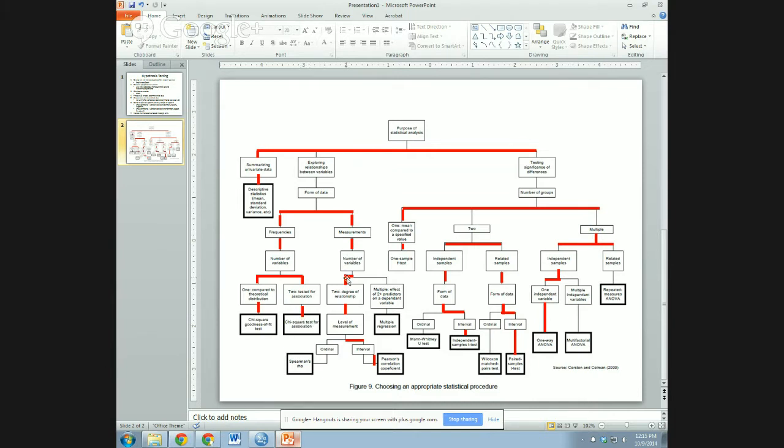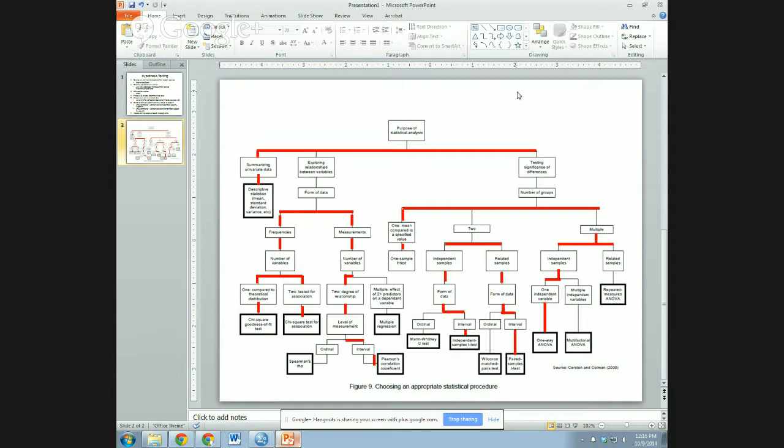We also looked at relationships between variables of interval or scale or continuous variables as being Pearson's correlation as the strength of a relationship, and then the effect of a relationship was regression. Again, that was the exploring the relationships part of the tree.